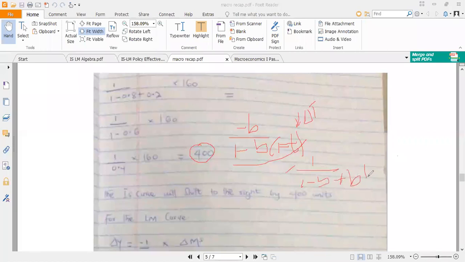Originally this is how it is supposed to be. Then here we factor B out. If you factor B out, you have 1/(1 minus B) into bracket (1 minus T). So this is exactly the same as this, so whichever one you want to use. Oh, okay. Thank you.